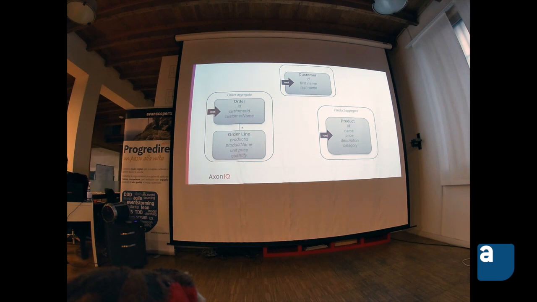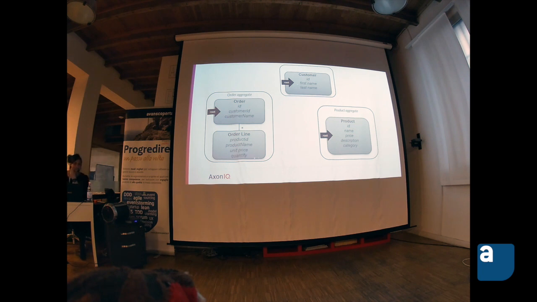We can have three different aggregates: the customer, the product, and the order. Each aggregate can indirectly refer to the other aggregates with the aggregate identifier. In this case, for example, the order line has the product identifier, but they are independent. They are not directly connected with foreign keys.